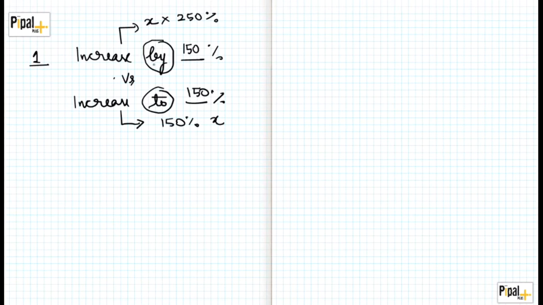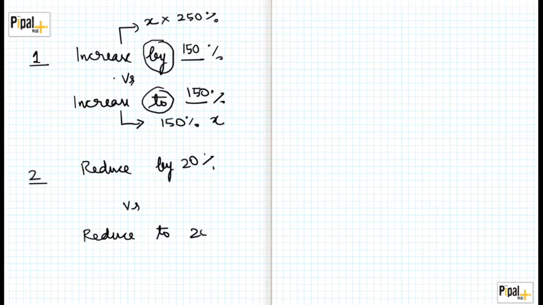Please make sure you look for the word by or to whenever you're dealing with questions in percentage. This same problem occurs when we have to reduce by 20% and we have to reduce to 20%. In both these cases, if x must be reduced by 20%, then my answer is 80% of x.